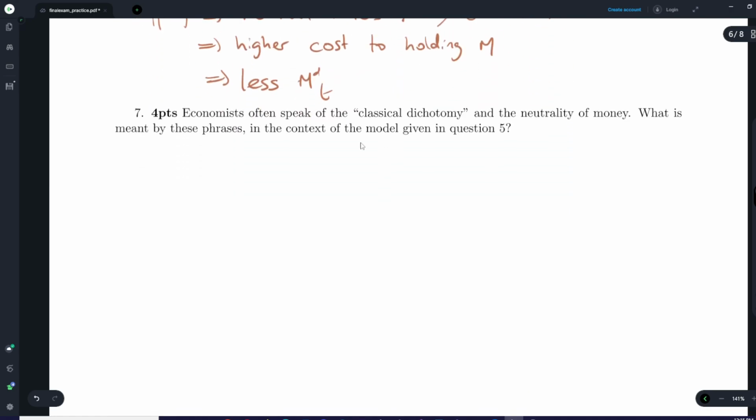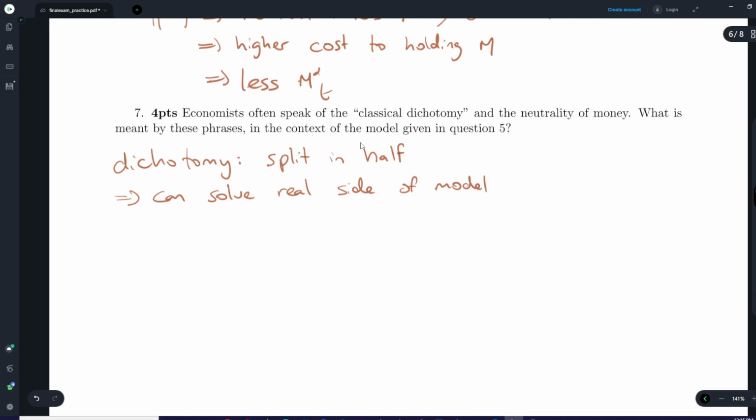Classical dichotomy. Dichotomy means, this is a bad question because it gives a real advantage to native English speakers. Dichotomy means split in half, right? To split something in half. The idea here is that you can solve the real side of the model without caring about the monetary side, right?